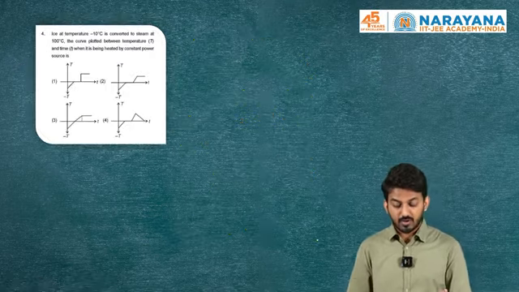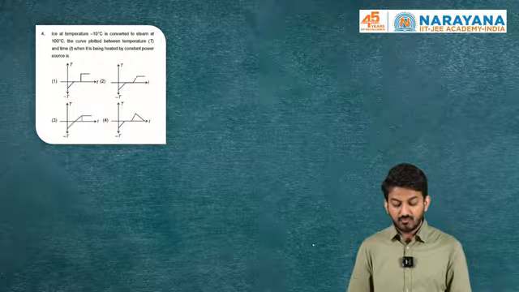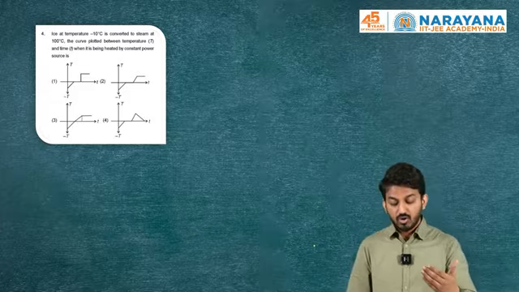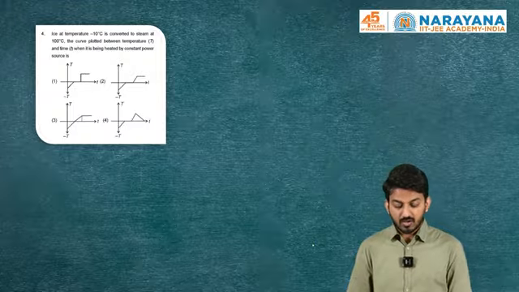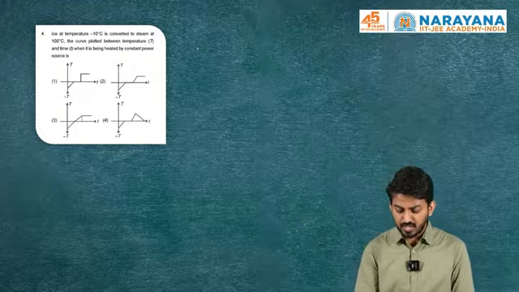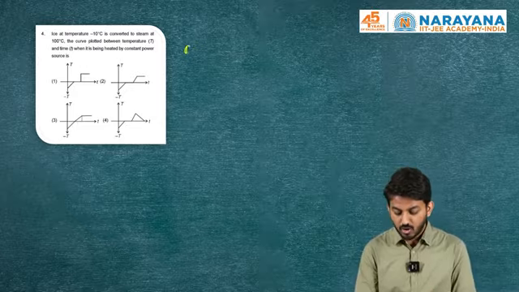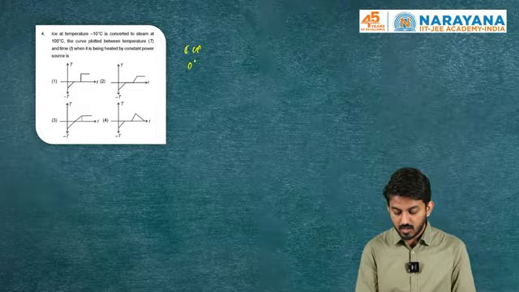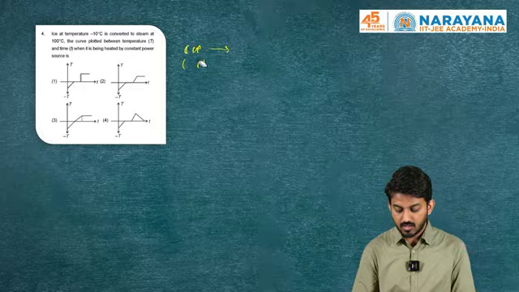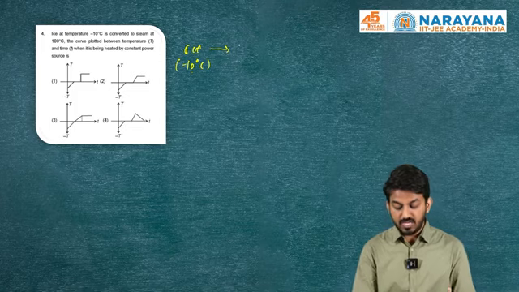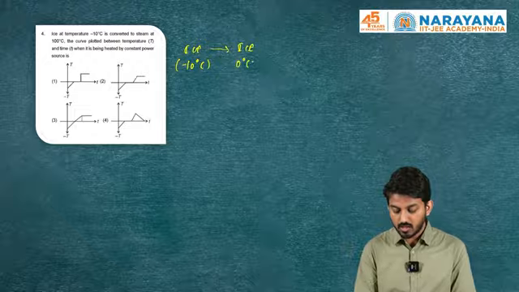This is a question based on calorimetry. Ice is being heated from minus 10 degrees Celsius eventually to steam at 100 degrees Celsius. So if we draw how the phase progresses, we have ice at minus 10 degrees Celsius, and we are heating it up to ice at 0 degrees Celsius.